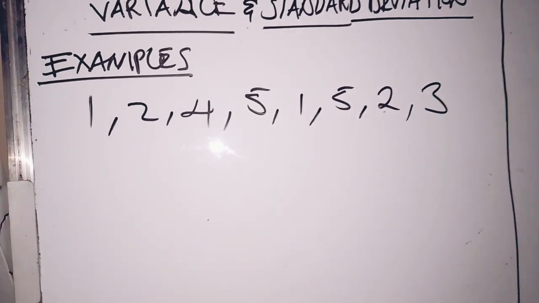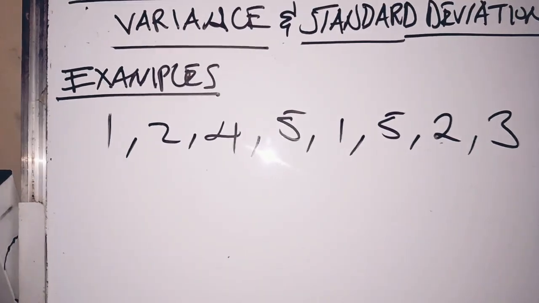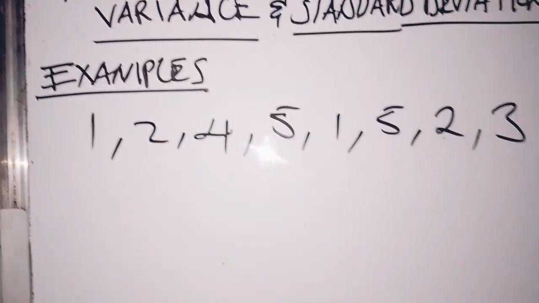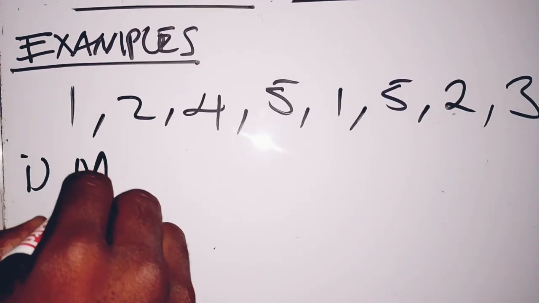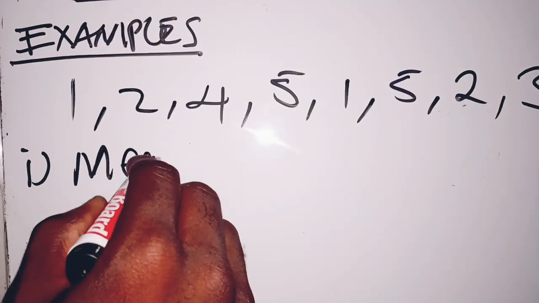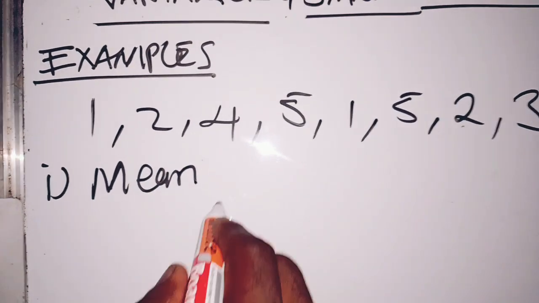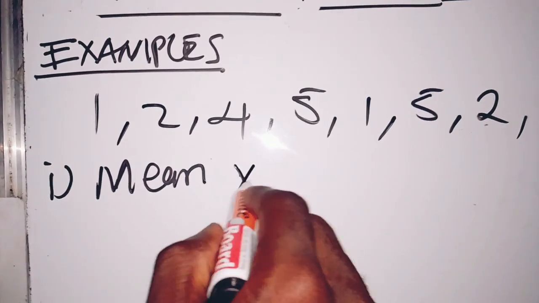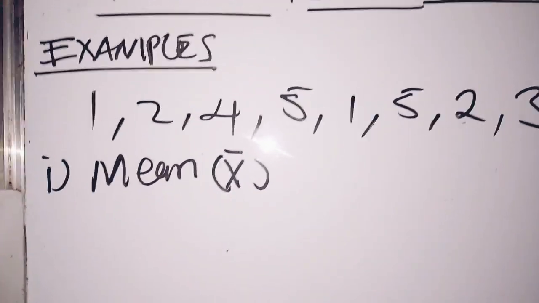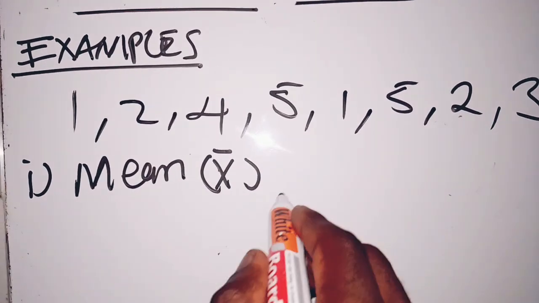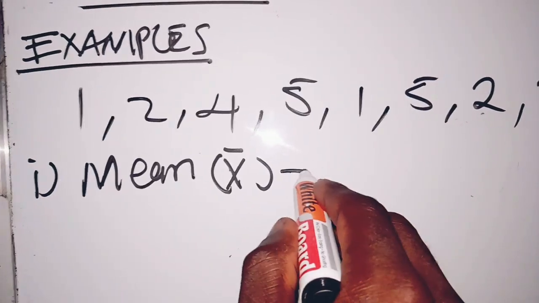Let's first find the mean. How can we find the mean? Mean is represented by x bar. Whenever you see x bar, that's the mean under statistics.